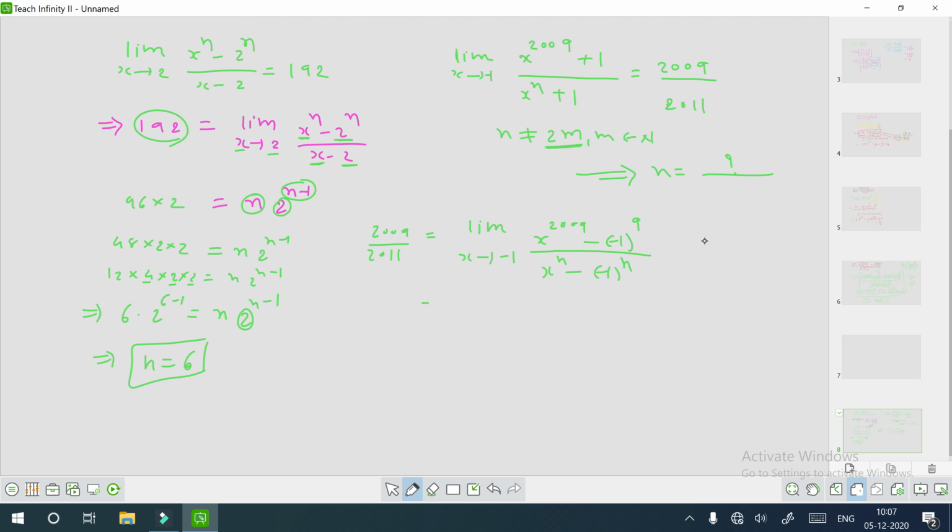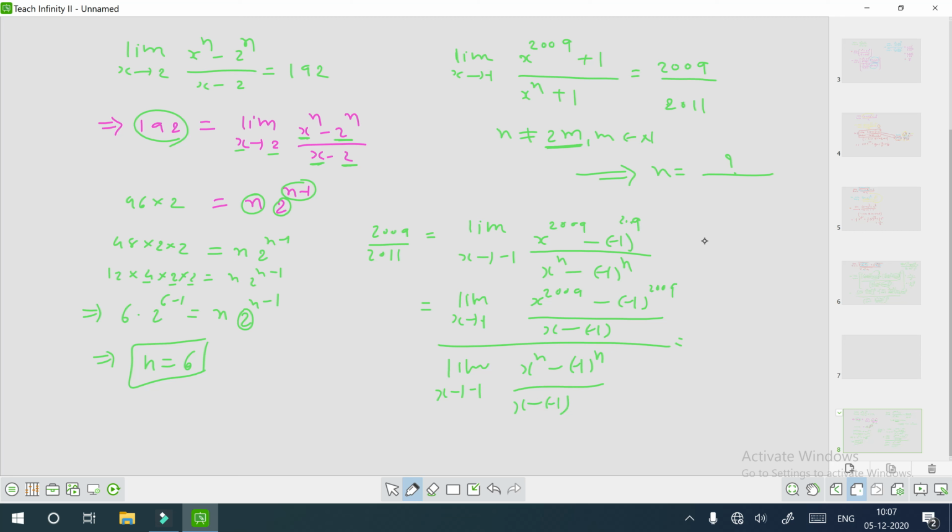Now that is equal to limit x tends to -1, x raised to 2009 minus (-1) raised to 2009, sorry, is odd power, over x minus (-1), over limit x tends to -1, x raised to n minus (-1) raised to n over x minus (-1).